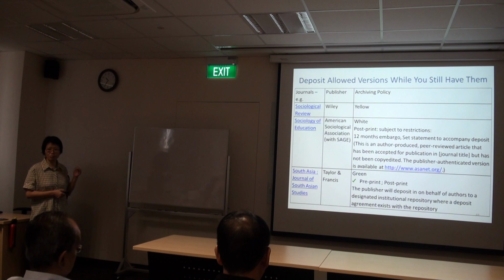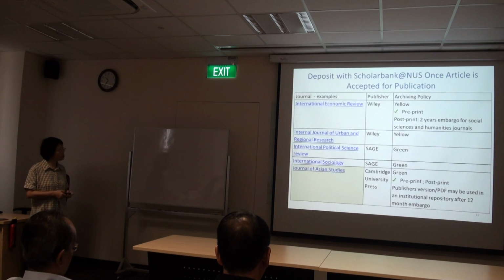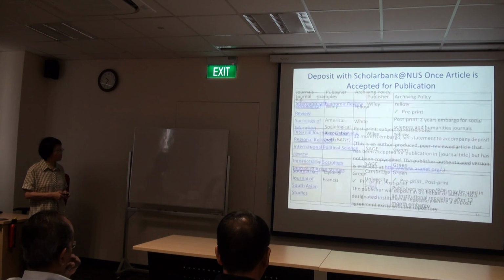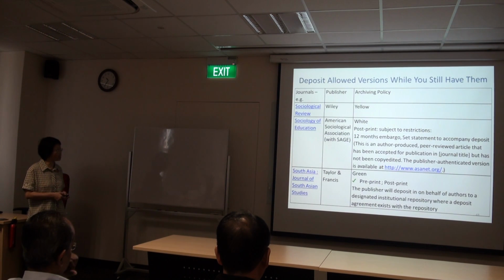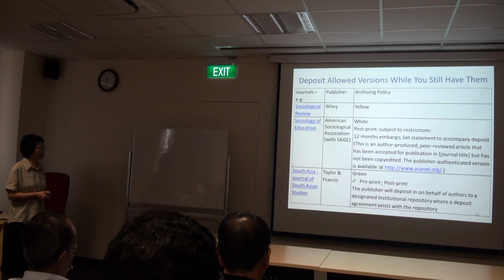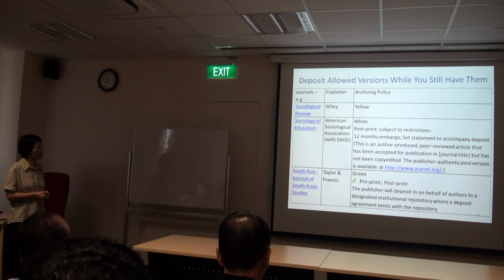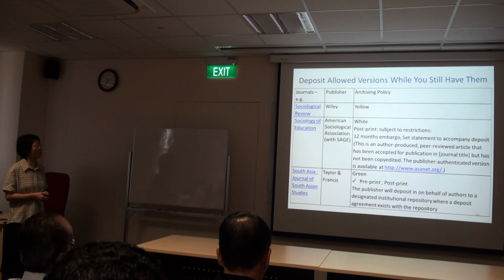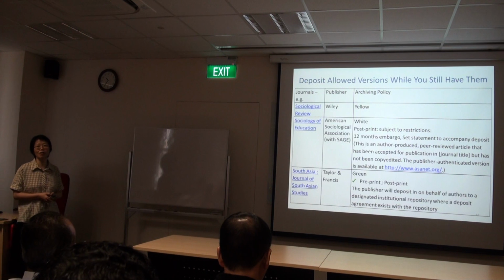Although SAGE has, just now we saw, the green policy, for this one, Sociology of Education, it has a white policy. In this case, it allows post-print only after a 12-month embargo, and it also requires a statement to accompany the deposit.